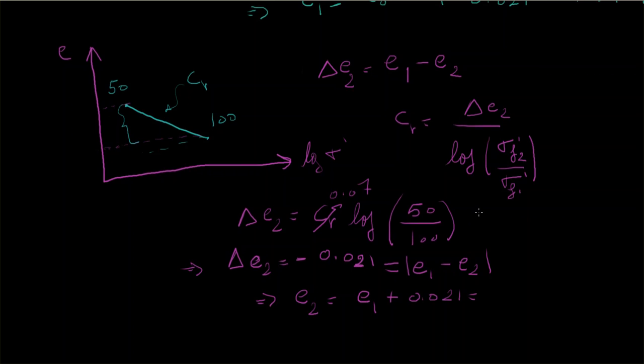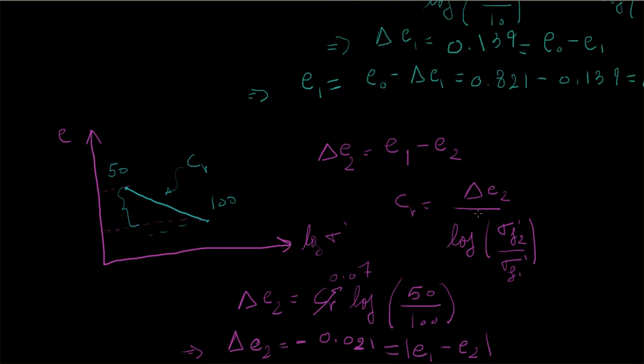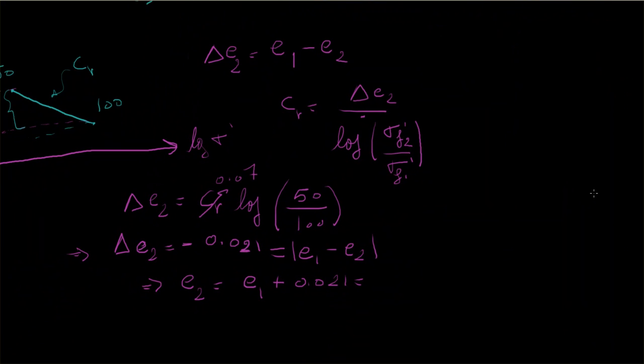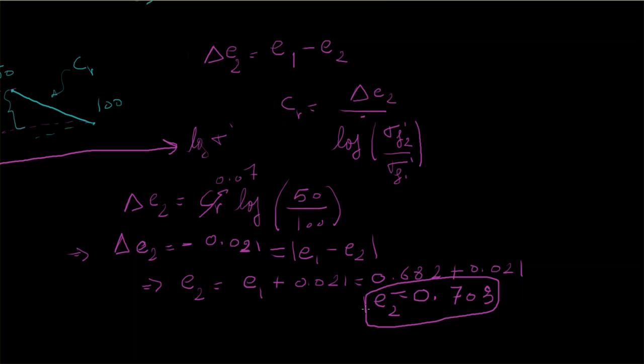E1 was determined to be 0.682. Finally, we have the void ratio at the end of stage 2 to be 0.703. Okay, and that's the end of the first example. Thank you.